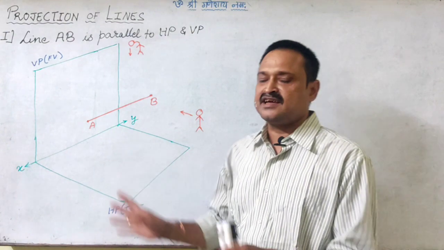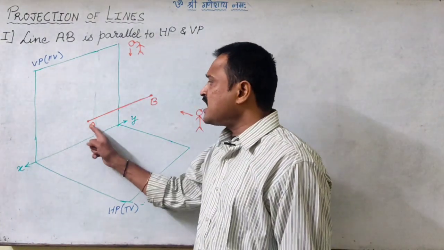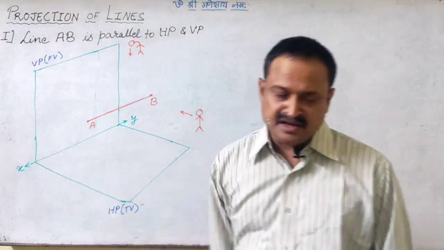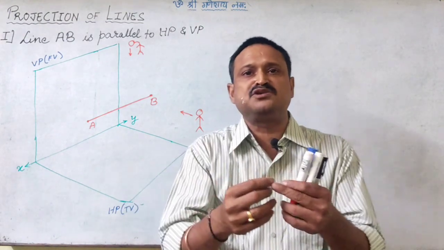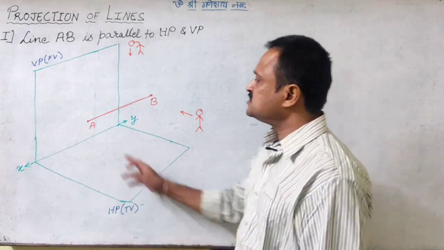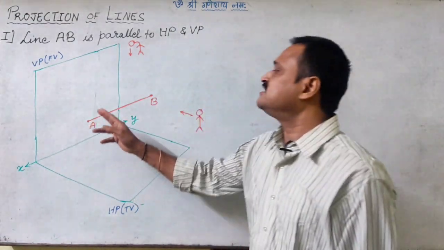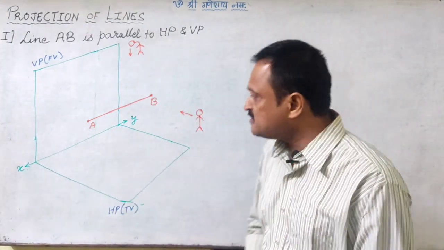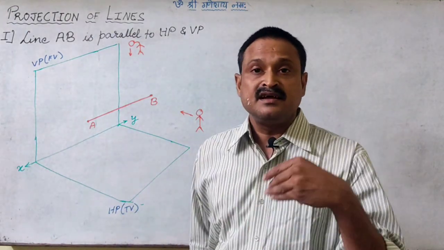So I will project A, and then we will project B. And we know that AB is a straight line, so the image of the line AB also will be a straight line. Instead of getting images of all the points of the line, we will just take the image of A and B, and join them with the property of straightness, and that will represent the image of that line.